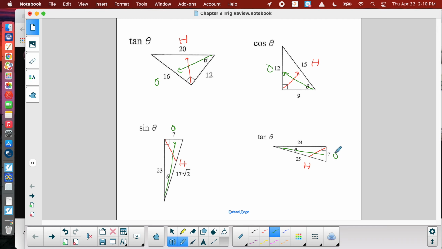Notice that my opposite side is on the left a couple times, on the top once, on the right once. It has nothing to do with left, right, top, bottom. It has everything to do with its relationship to the angle that we're working on. So that's how we determine opposite. And of course, if I have two sides, the third side must be the adjacent.